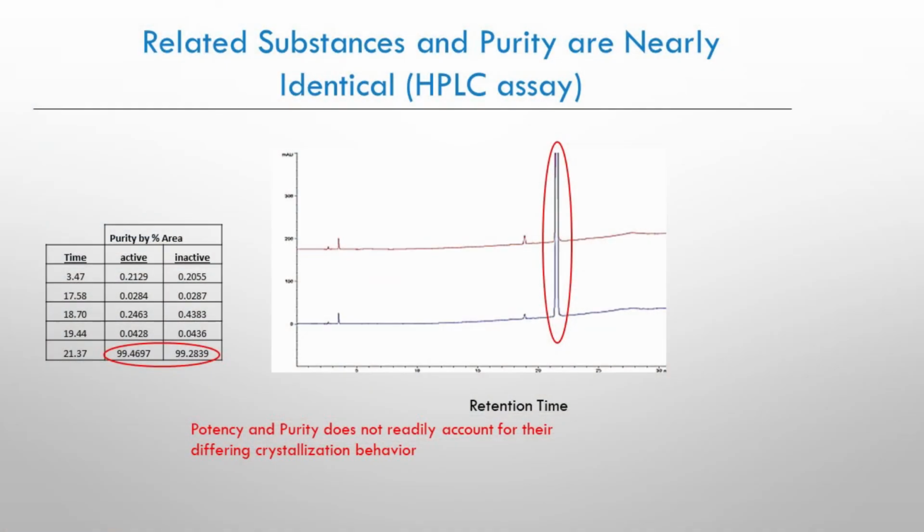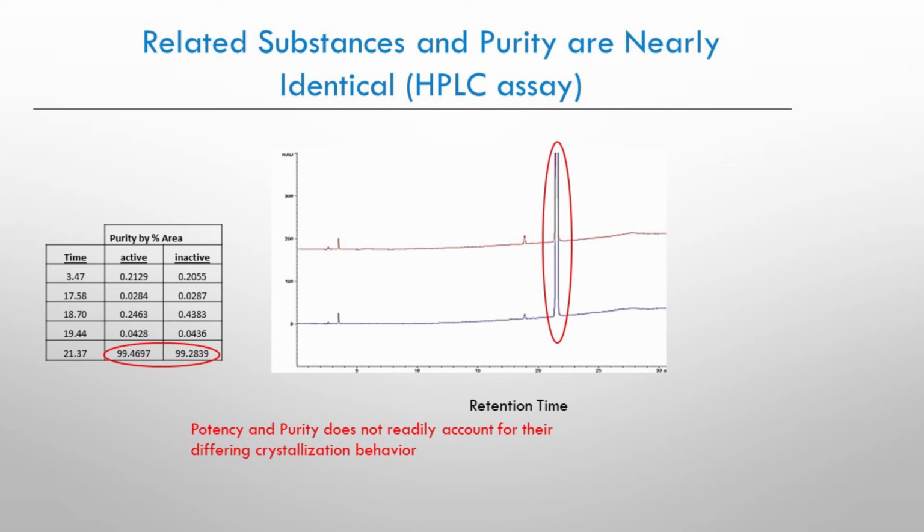I studied it, and I'm not going to go into all the details, but part of it was, obviously, that related substances being most similar to the drug itself are the most likely culprit. But in this case, the purity was almost identical.